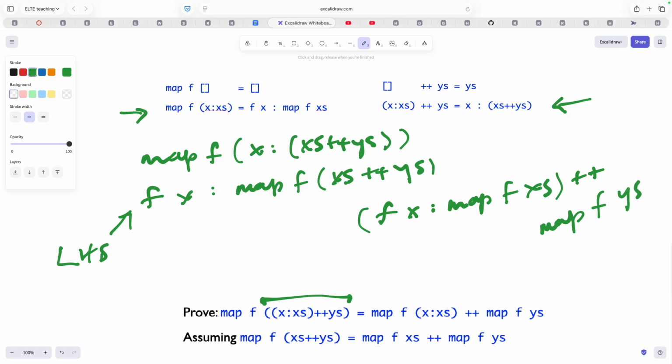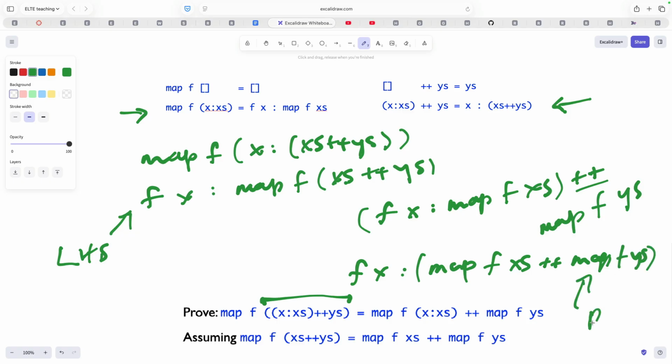But by the definition of plus again, this is the same as f of x colon map f x's plus map f y's. So this is the right-hand side.